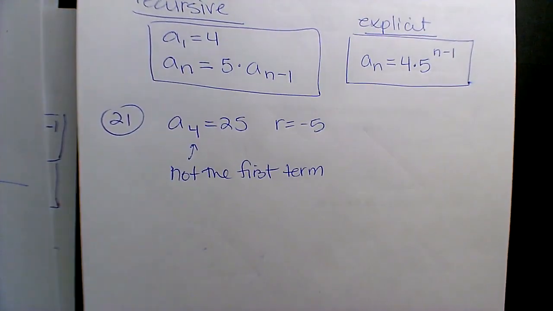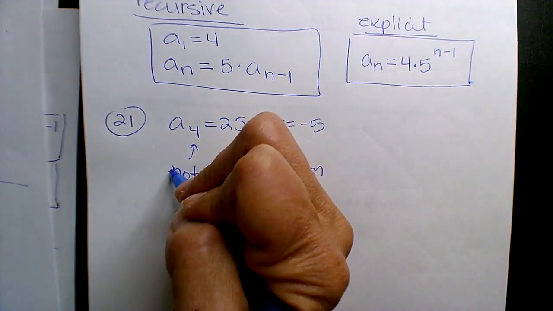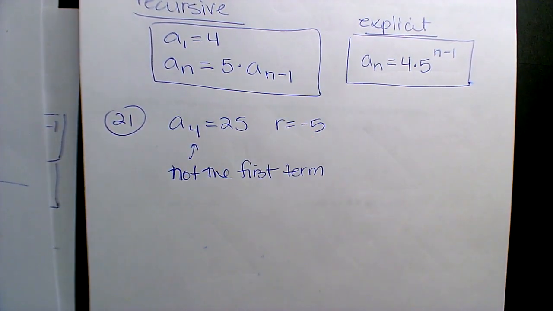That's not the first term. You need to come up with the first term, so you have to go backwards. You're not like 18 terms away or 26 terms away like we did on the other paper. You're only 4 terms away, so some of you might actually just go division, division, division.